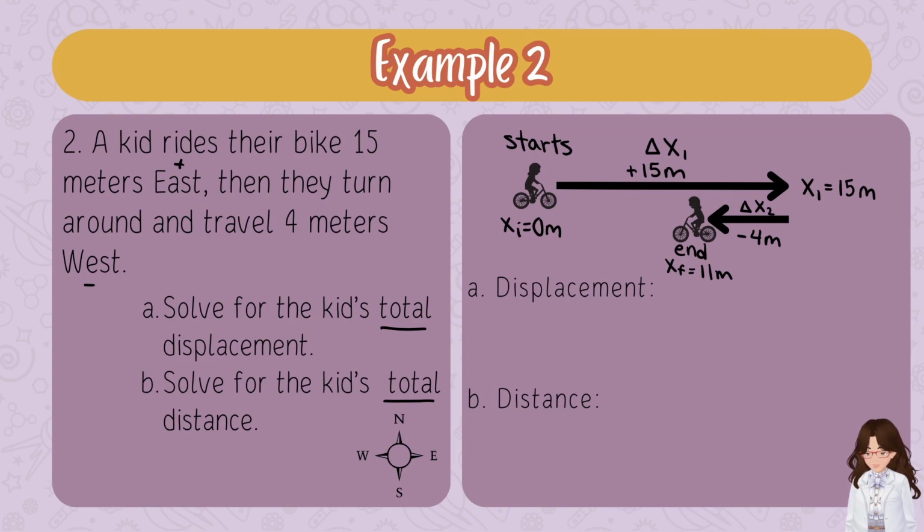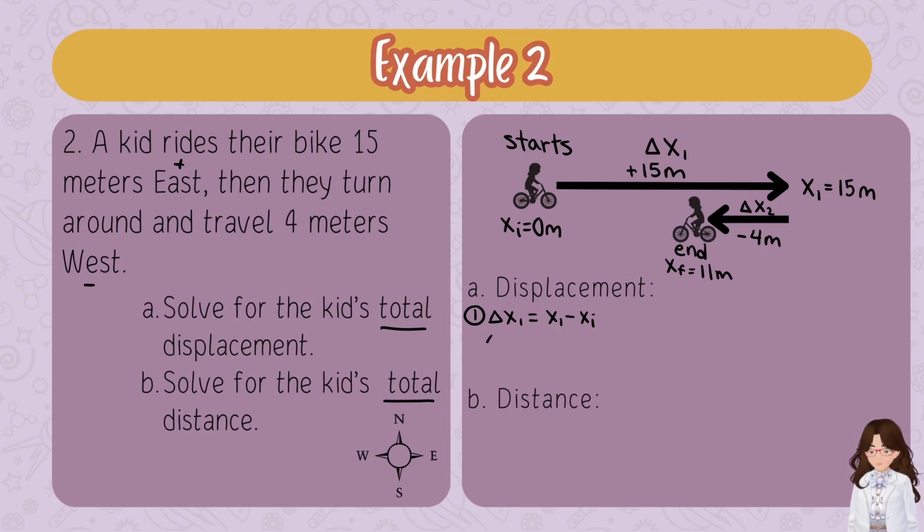Since we're solving for the total displacement, I would break this up into 3 parts. The first thing that we're going to do is solve for the displacement for the first path. Now, because they start at 0 and they travel 15 meters away, it's really nice and easy to calculate, but you can show your work mathematically to say the final position, which is x1 according to the diagram, minus the starting position, which is x initial, right?